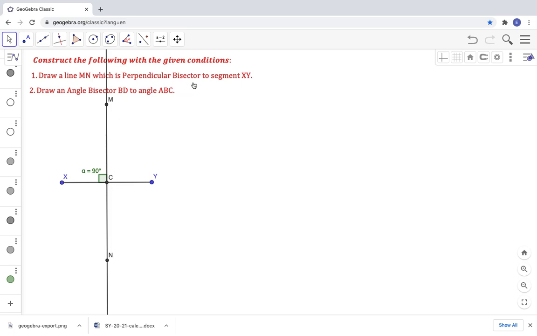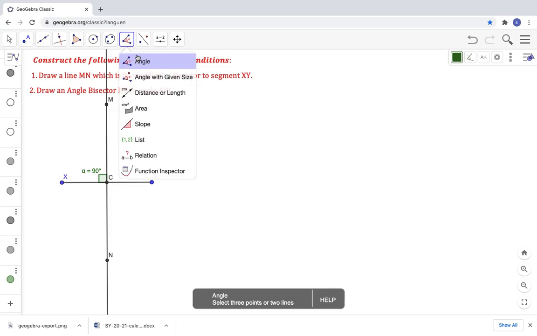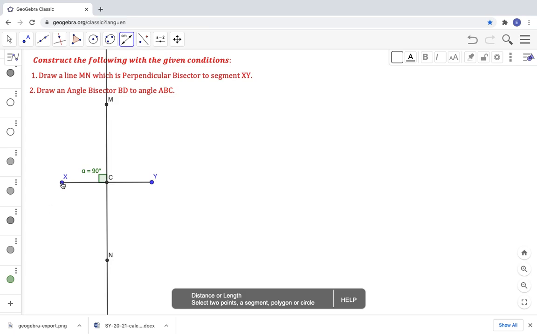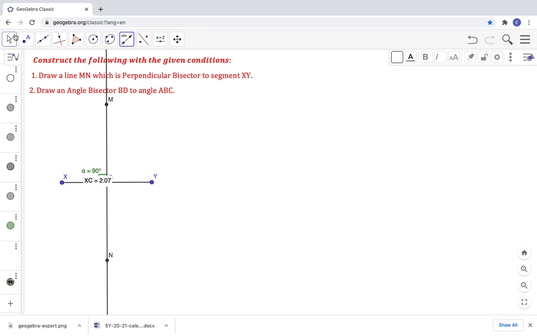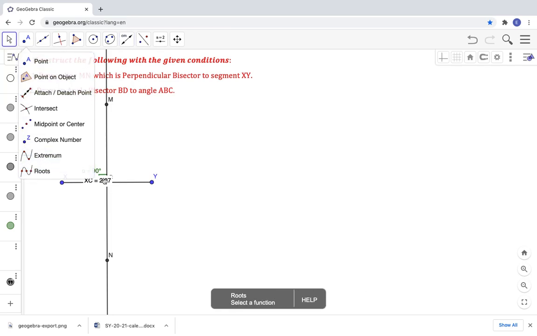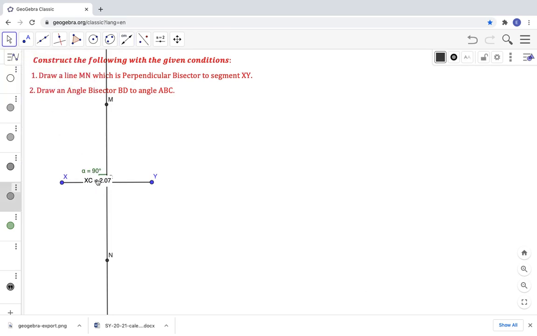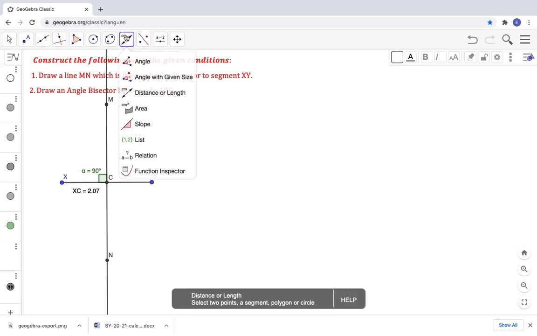But how do we know that this line bisects the segment? So if we're going to show the length, click this button and click the distance because we want to show the distance from X to C, and that is 2.07. So let us position this one here. Then from point C going to point Y, oh, we need to click this one first.